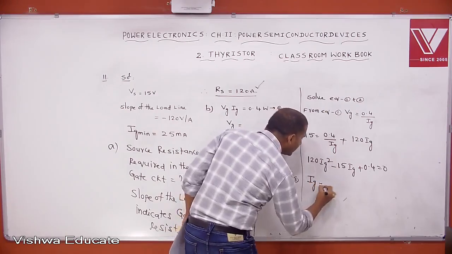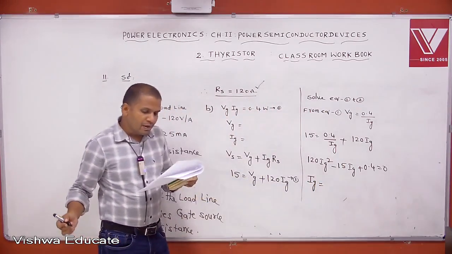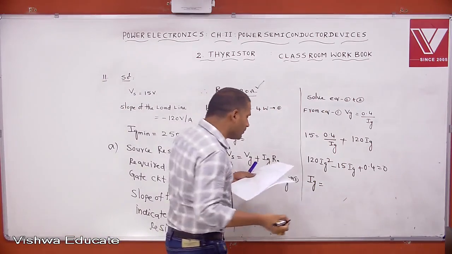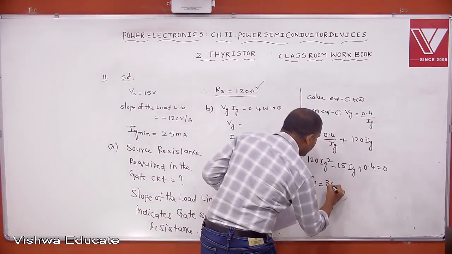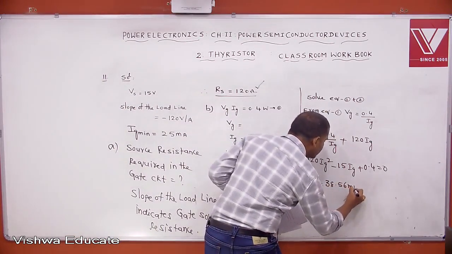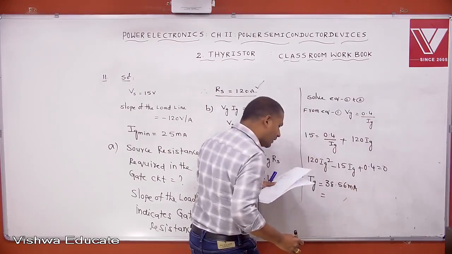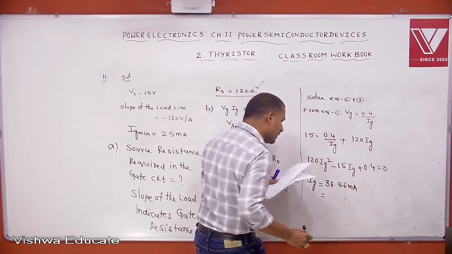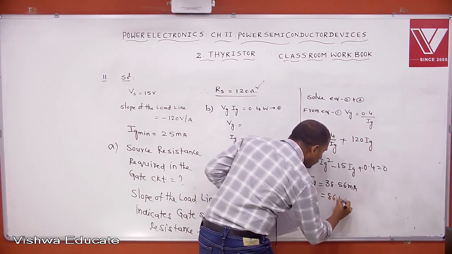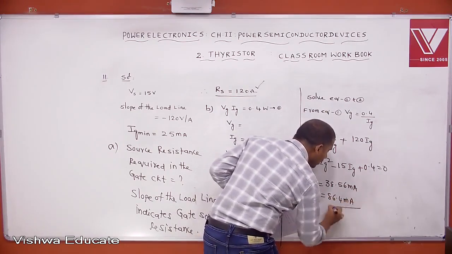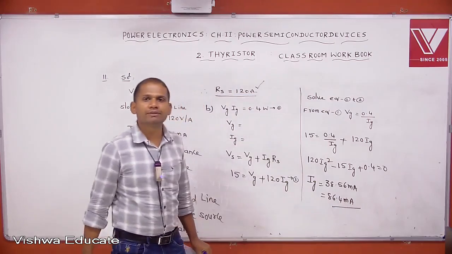Solving this quadratic equation, we get Ig equal to 38.56 milliamperes, and the other root is 86.44 milliamperes, or 86.4 milliamperes.